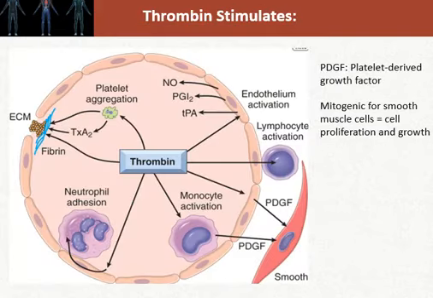Remember we said thrombin stimulates a whole bunch of physiologic targets. Thrombin plays major roles in neutrophil adhesion, monocyte activation and infiltration, and the secretion of platelet-derived growth factor from both immune cells and endothelial cells, which has a direct effect on smooth muscle. Thrombin can influence lymphocyte activation and migration, and it directly enhances endothelium activation, which produces a whole host of proteins and molecules that have biological consequences.